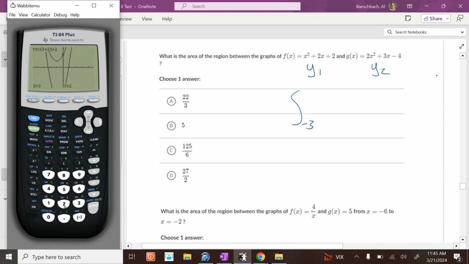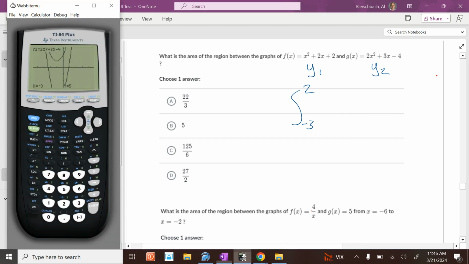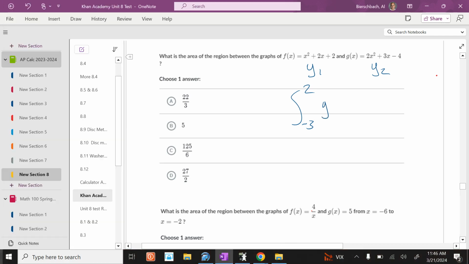So if we trace to 2, 210, they're both at 210. If we trace to -3, they're both at -3.5. So then we go to the top curve. The top curve is f of x, so it's y1 minus y2. And you do that.